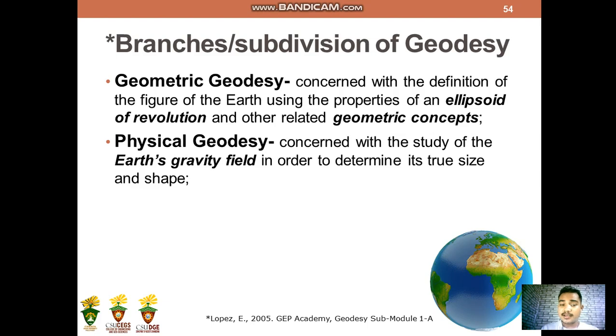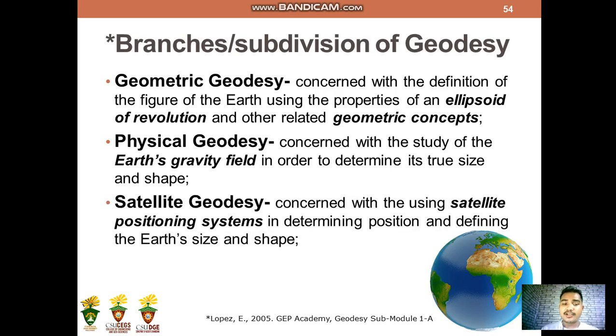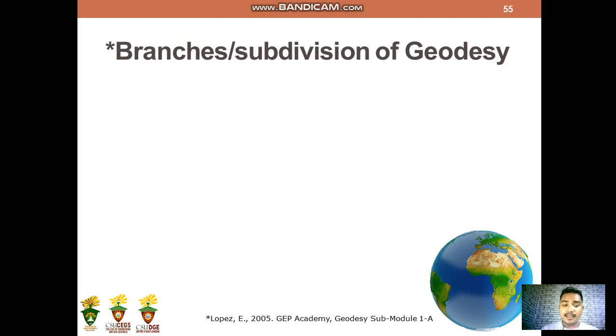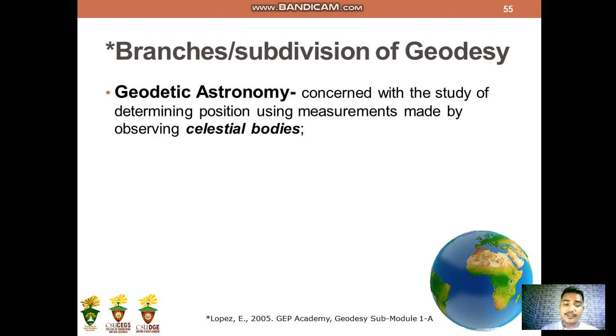Physical geodesy, according to him, is concerned with the study of Earth's gravity field in order to determine its true size and shape. And satellite geodesy is concerned with using satellite positioning systems in determining position and defining the Earth's size and shape.